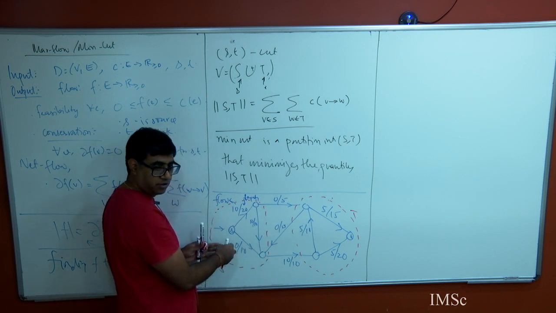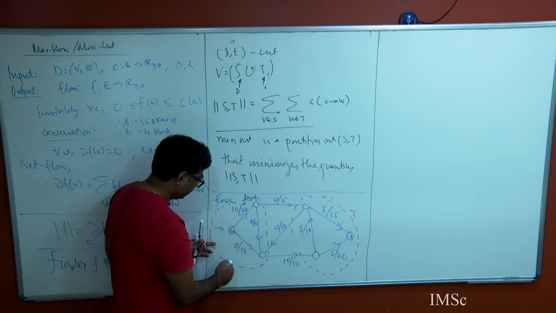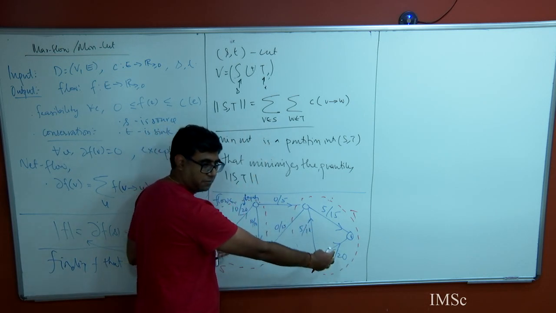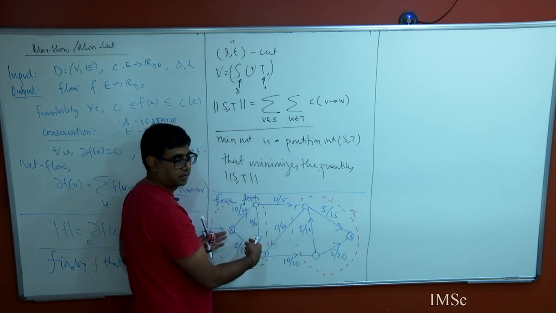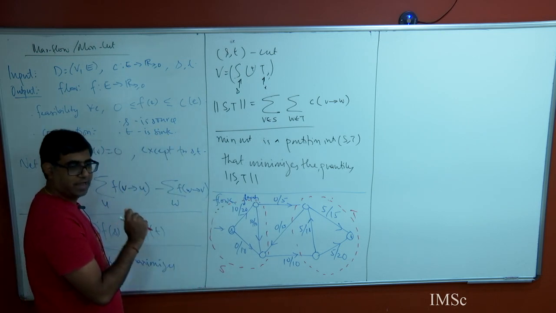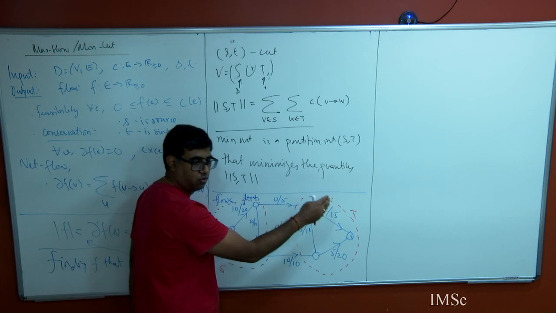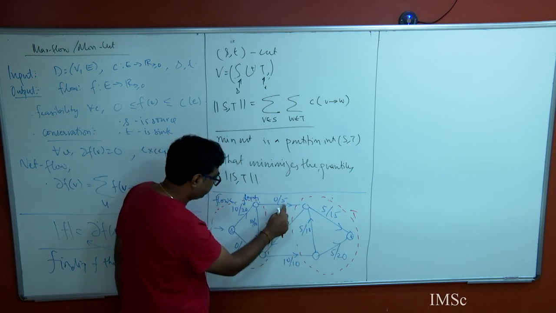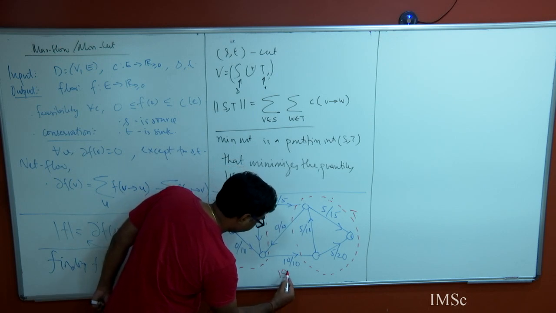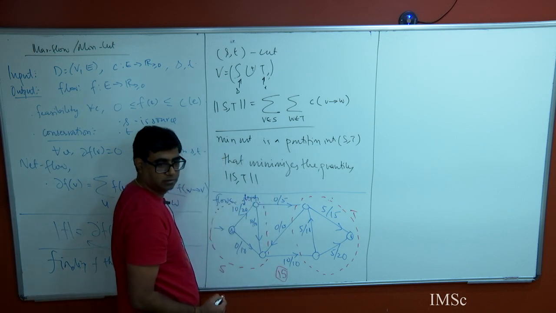This is a cut because this set S contains s, this set T contains t, they are pairwise disjoint and their union is the whole vertex set. What does this definition tell us? It is the capacity of the edges which are leaving S and going into T, right? So which is 5 and 10. So the capacity is 15, right?